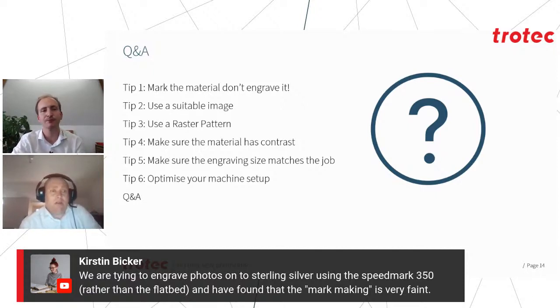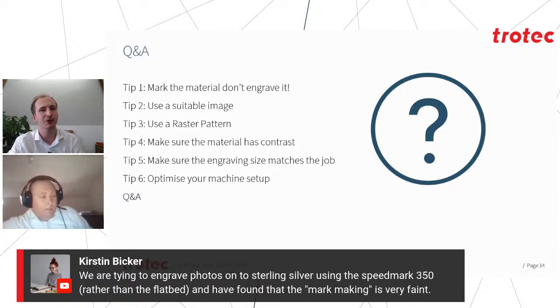Alex, anything to add? I think the other thing to consider when you're using a speed marker, a galvo-type system, is that the actual dot size from the laser is very large compared to what we have with our flatbed systems. So again, you're going to need to make sure that you cut down the image data so that you don't have too much overlap.